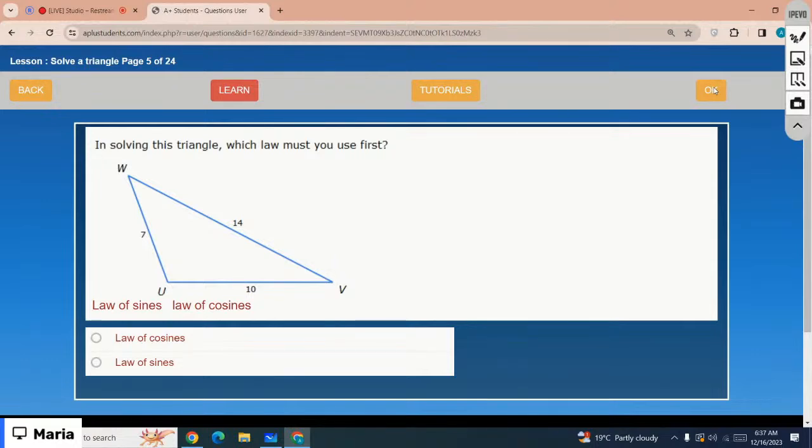You are given all three sides, right? So in this case, you can use the law of cosine first, right? The correct option is law of cosine.